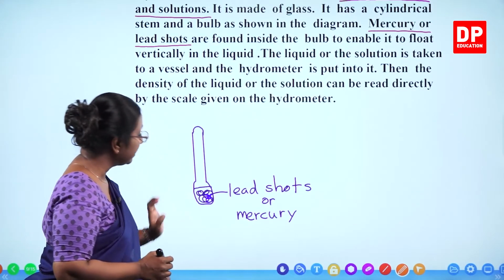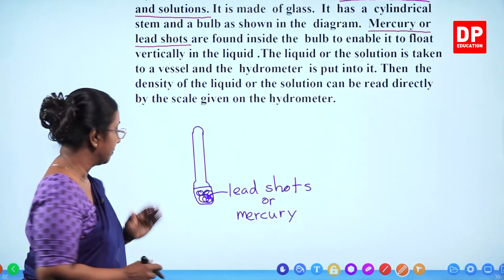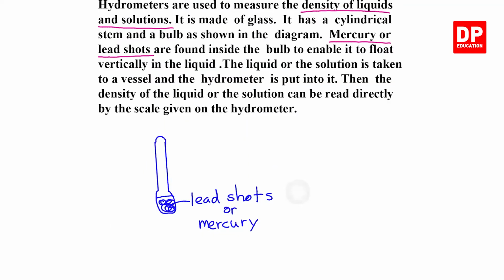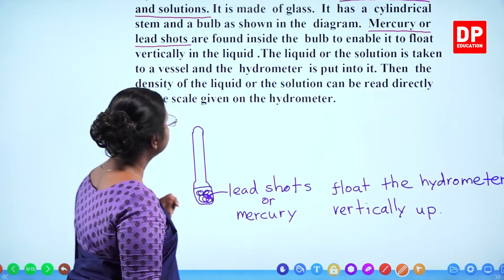So, when this becomes heavy, the hydrometer can float vertically up. This helps the hydrometer to float vertically up. So, for that this is needed.